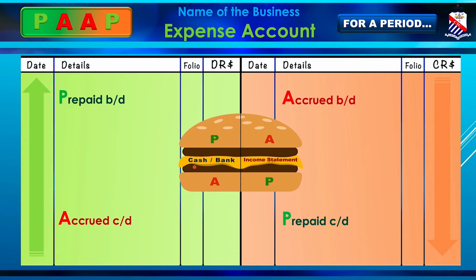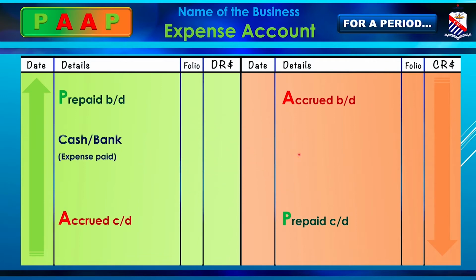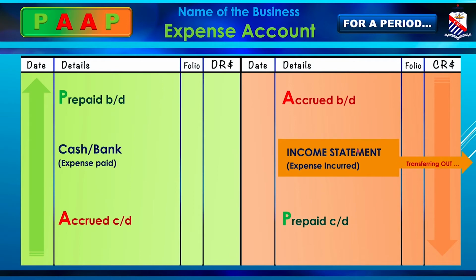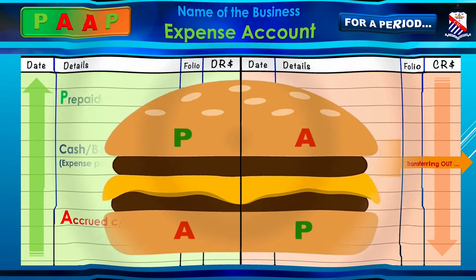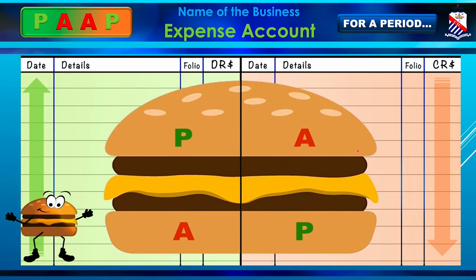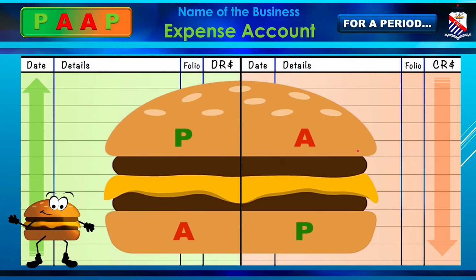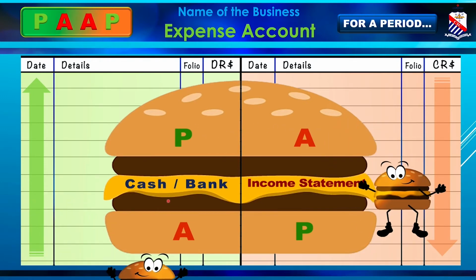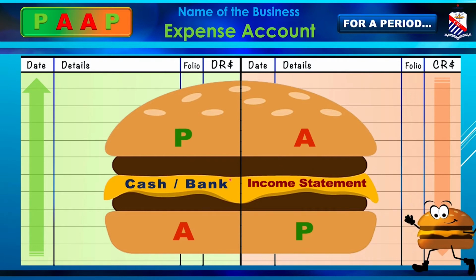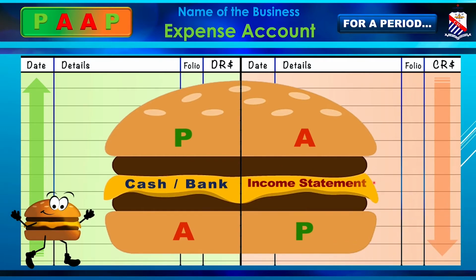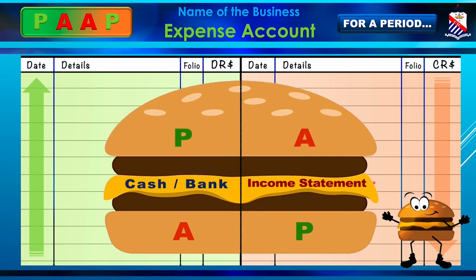On this side you would have your cash and bank, and on this side you will have your income statement. This is our format. And in terms of our burger, there is our PAAP burger with the PA beginning figures, AP ending figures, and then you have in the middle there, your cash and bank and income statement.